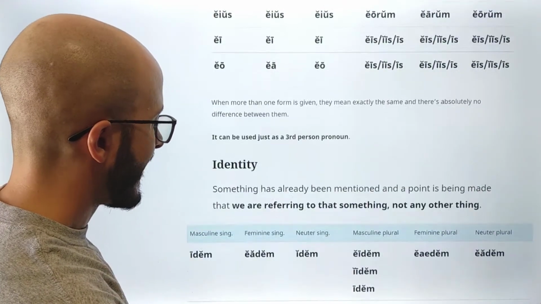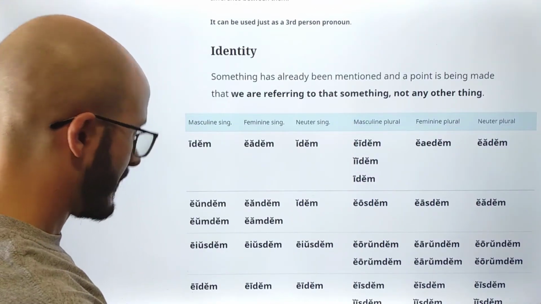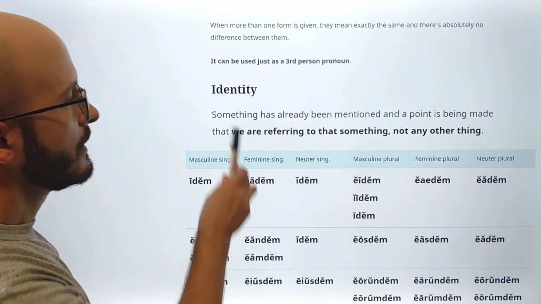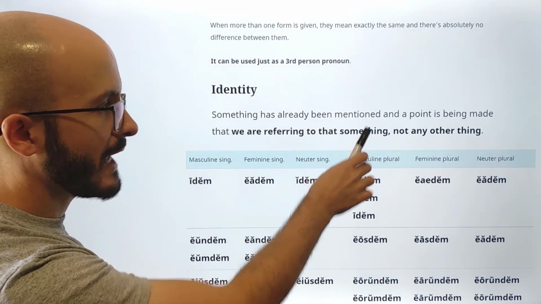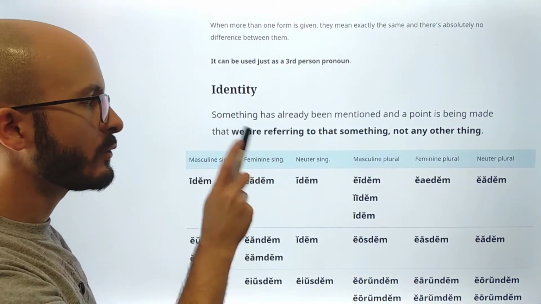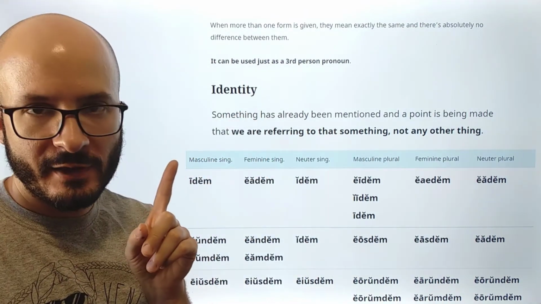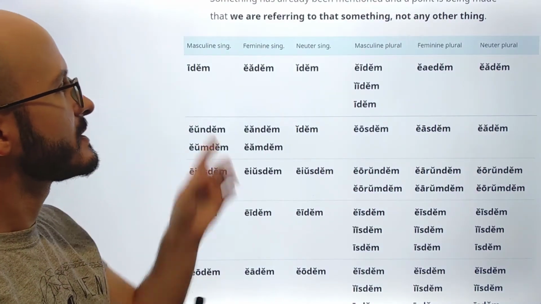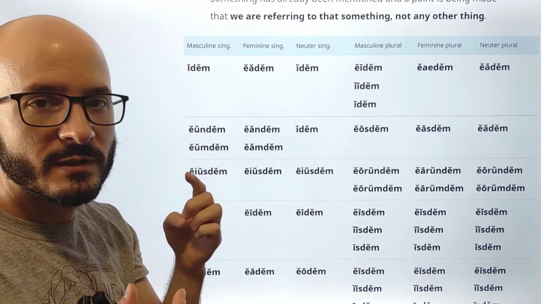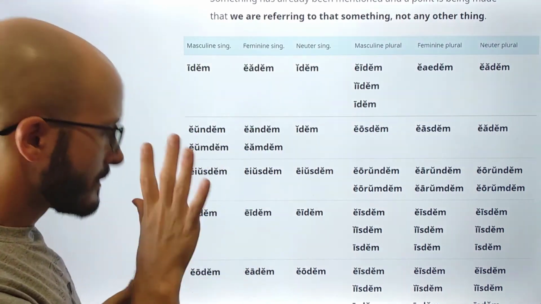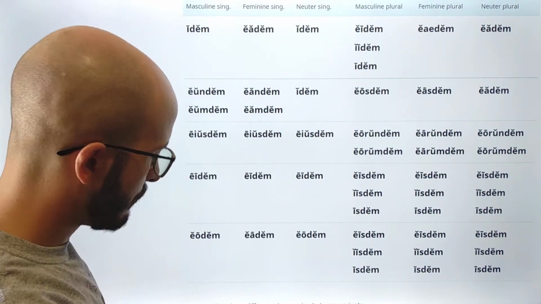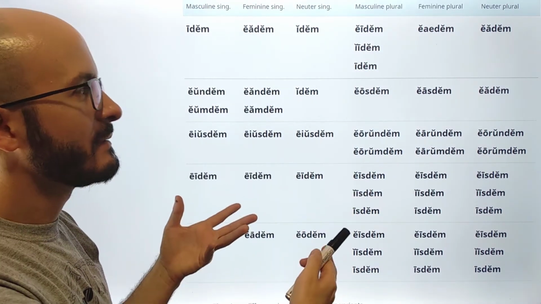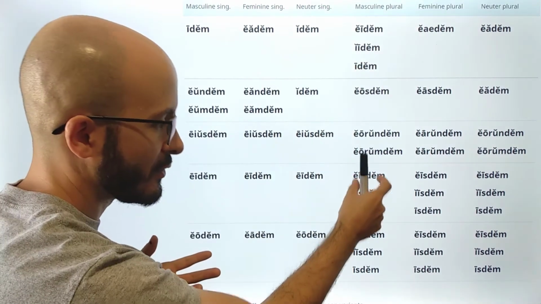Then, identity. Of course, you see here that this table is kind of weird, but don't freak out, there's nothing wrong with it. Identity: something has already been mentioned and a point is being made that we are referring to that something, not any other thing. Okay? And you might know this idem, but it refers to the same. Of course, here you see that the table is quite big, but it is just because it has to be this big, because otherwise the variants don't fit.